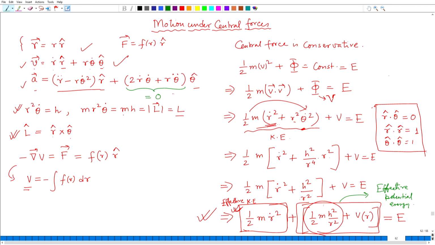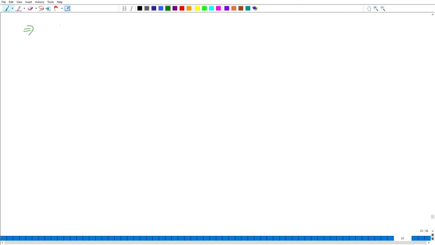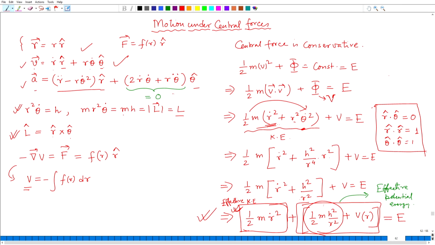Now, whenever you write this, you can think that now I can write the whole thing as half m r dot square plus, instead of h square, I will write L square by m square. Okay?